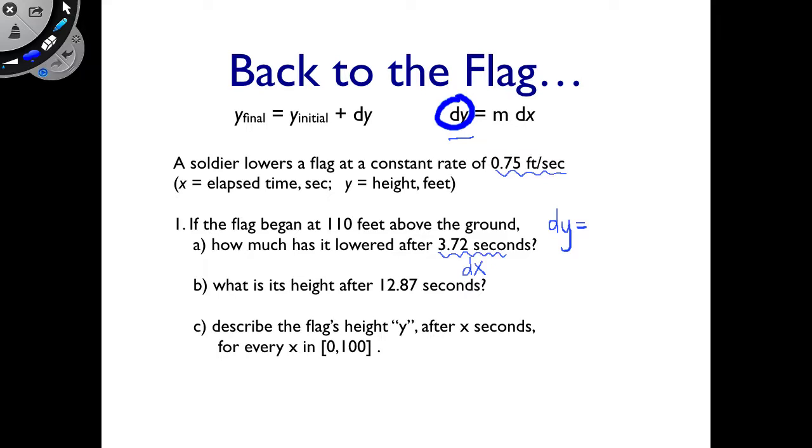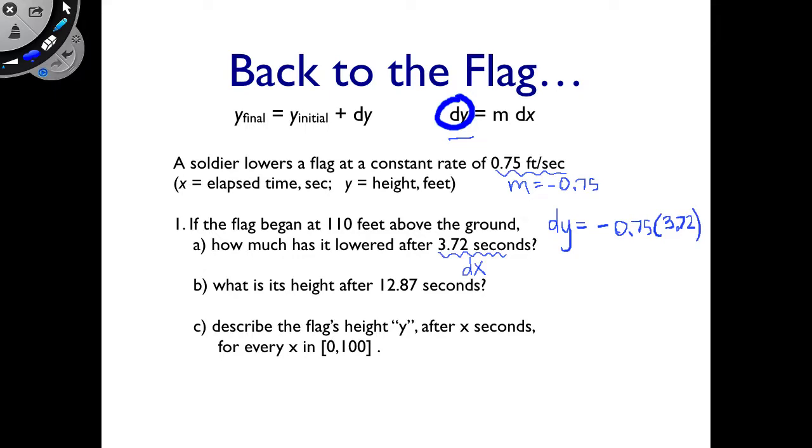So I don't use this 110 for anything, just the m. Well, m isn't exactly 0.75. m is really negative. We decided it's lowering by 0.75 feet per second. So my change in height would be negative 0.75 times 3.72. Saying this in a sentence as opposed to in a math expression, I might not say negative.